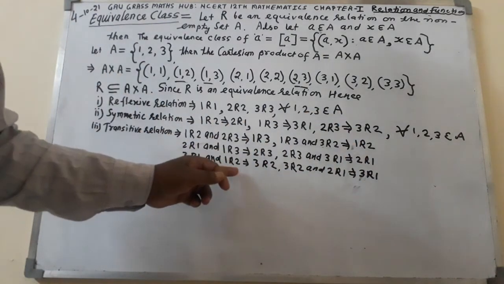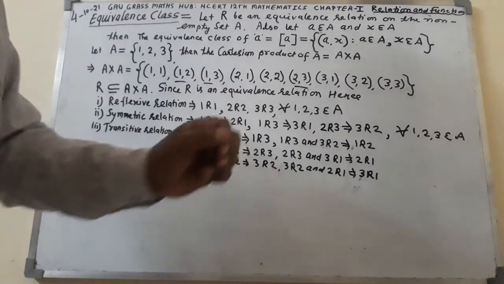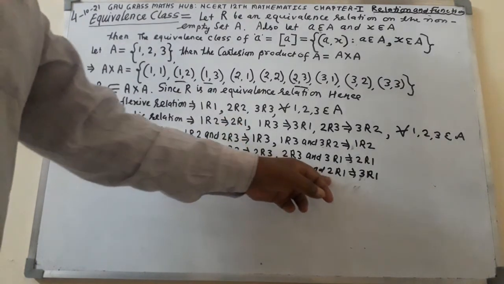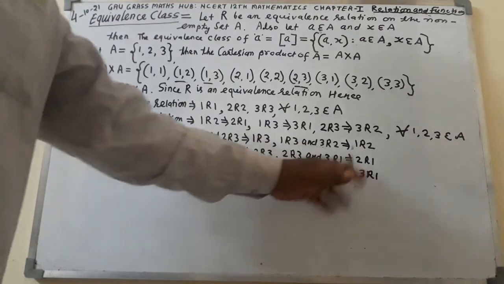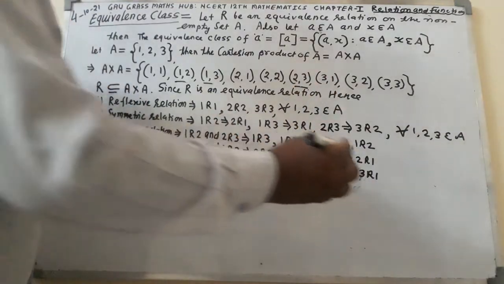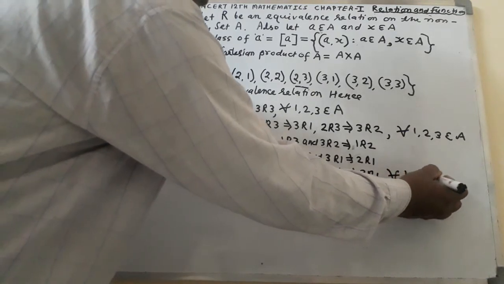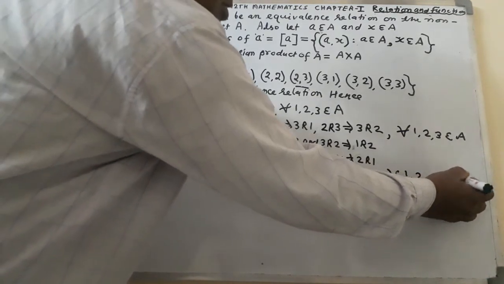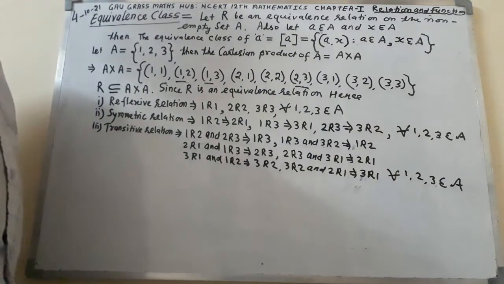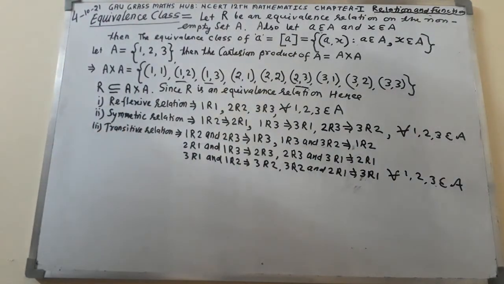3 1, 1 2, 1 1, 3 2 is there, 3 2, 2 1, 2 2 club together, 3 1 we have got. Here I shall write for all 1, 2, 3 belonging to set A, transitive relation.